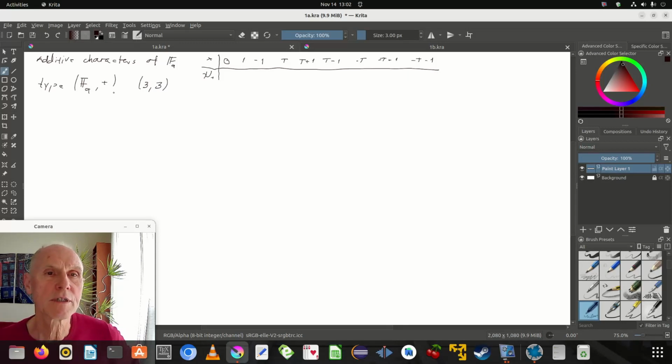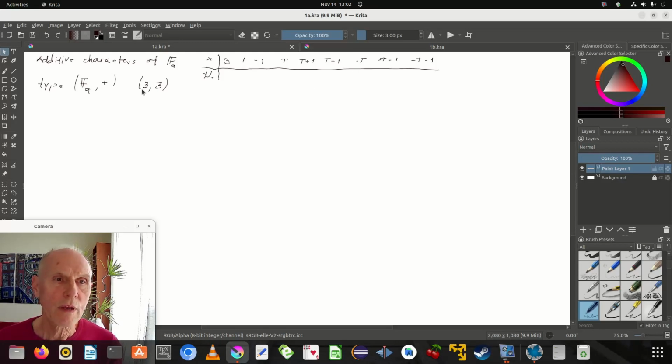There are 9 elements, and these form a subgroup, and the quotient has 3 elements, 0, t, and 2t, minus t.